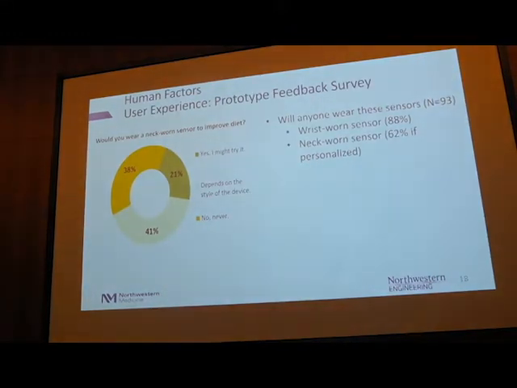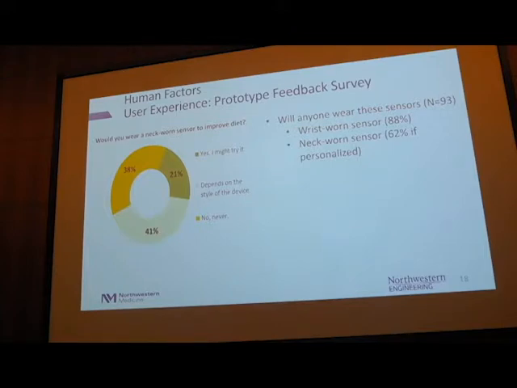So again, in the middle of analyzing a lot of the technical performance aspects, you do want to think about the human factors. You're constantly testing and getting feedback from users. Here we asked them, would you wear a neck-worn sensor to the group diet, compared to a wrist-worn device?